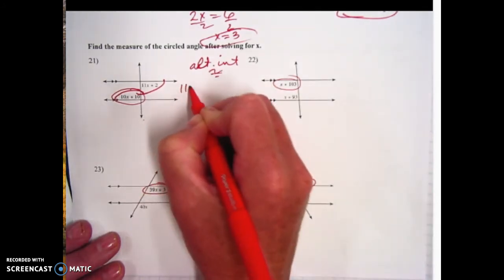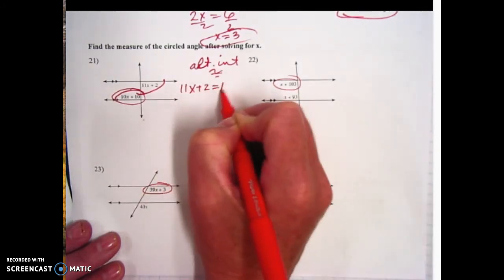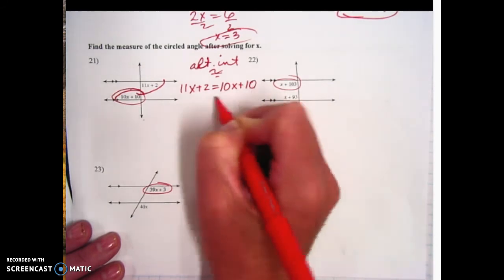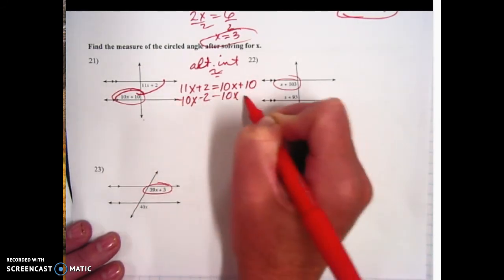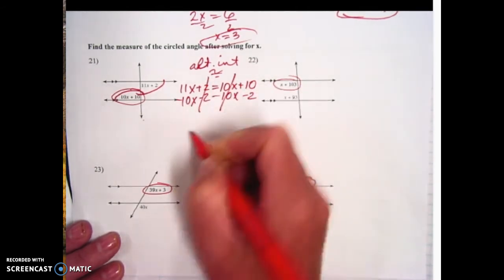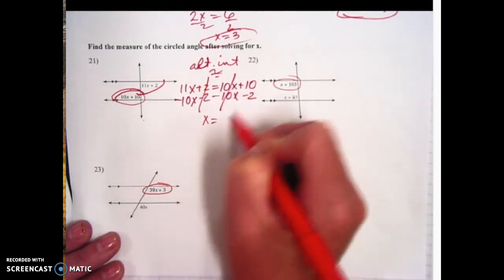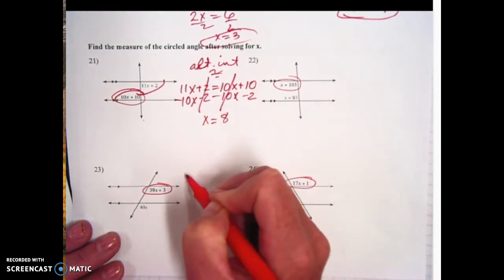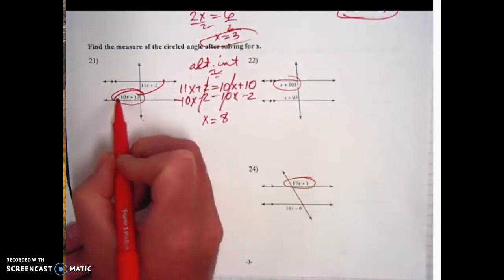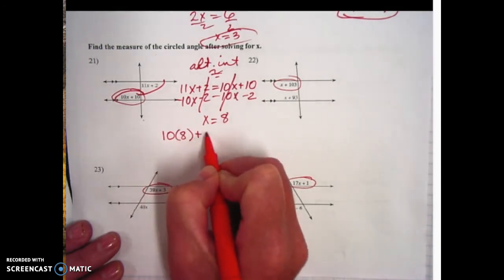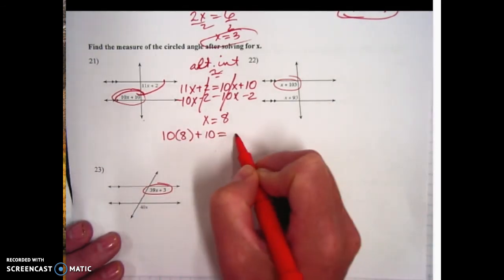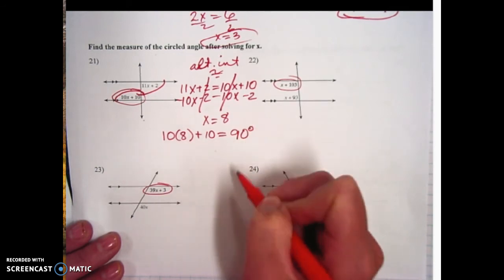So we're going to put an equal sign between the 11x plus 2 and the 10x plus 10. Subtract the 10x from both sides. Subtract 2 from both sides. These are opposites, these are opposites. 11x minus 10x is 1x. 10 minus 2 is 8. That's our x value. Now we have to plug it back in here. So we're going to say 10 times 8 plus 10. That should be 90 degrees.